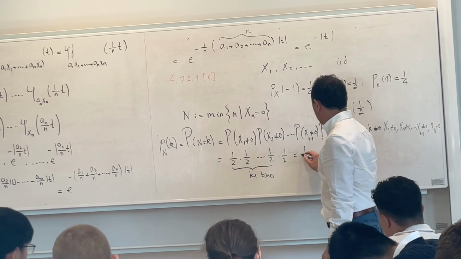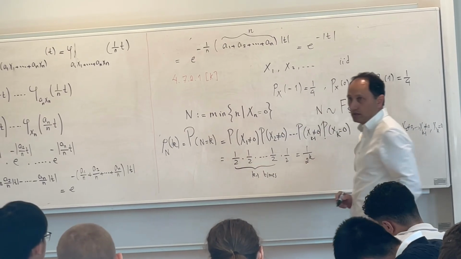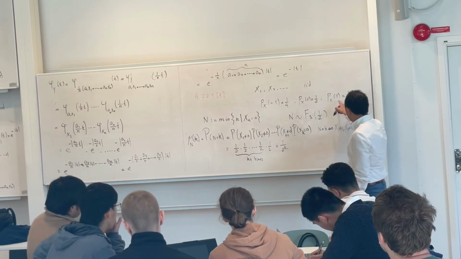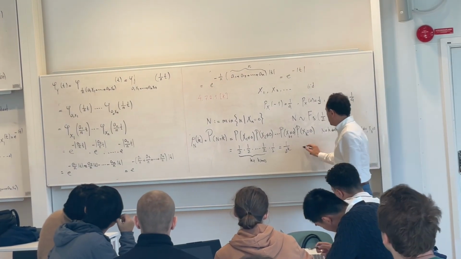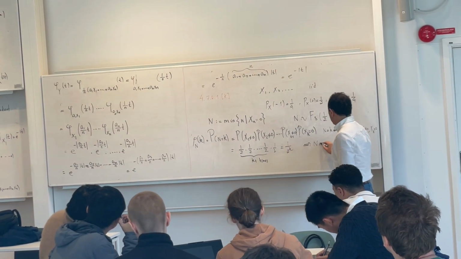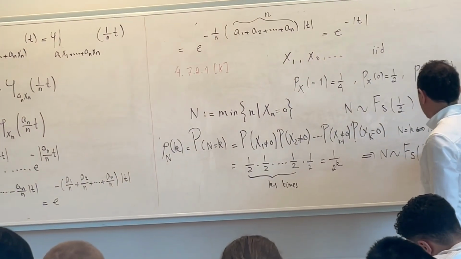So this becomes 1/2 to the power k. And that's exactly this probability distribution. If you look at the back of the table, you will see that this means that n is first success.